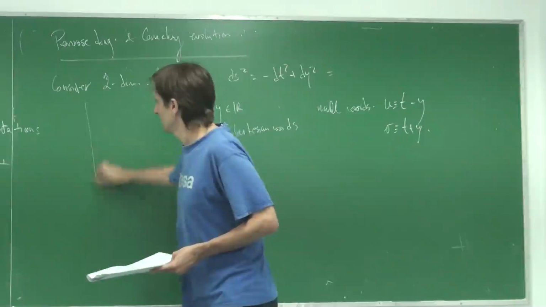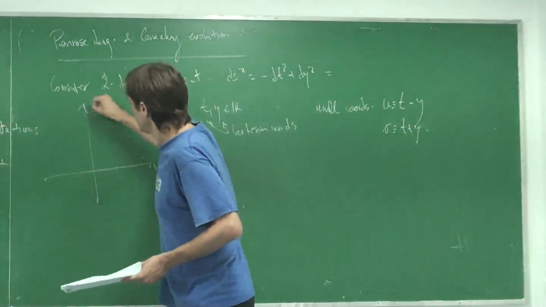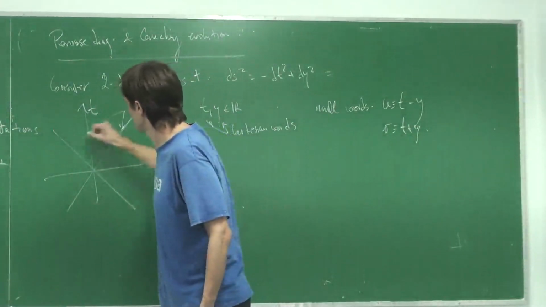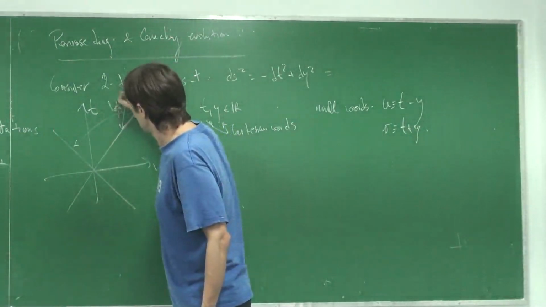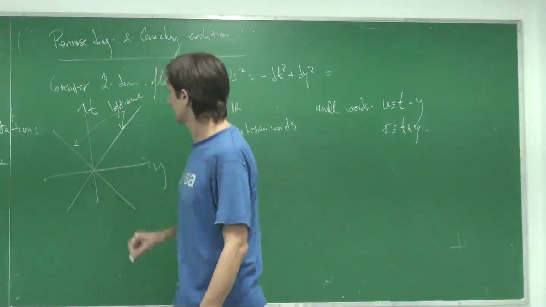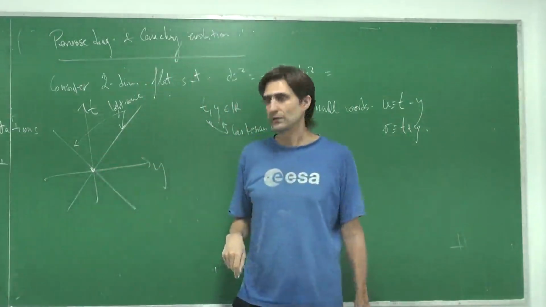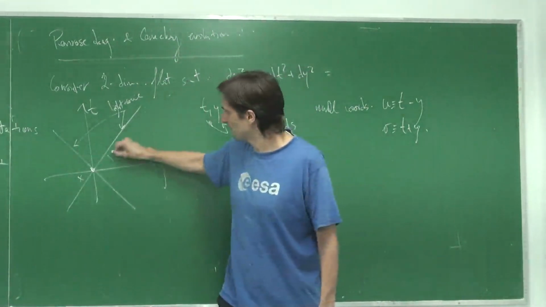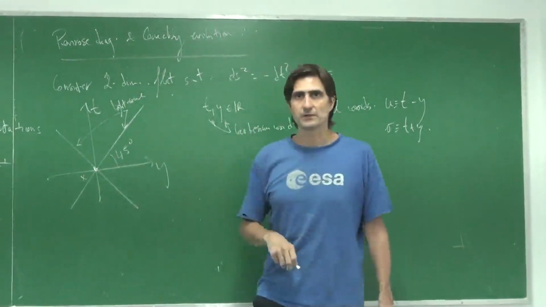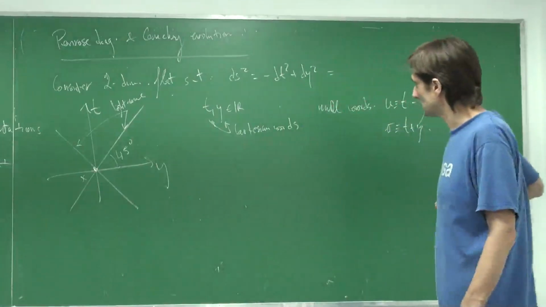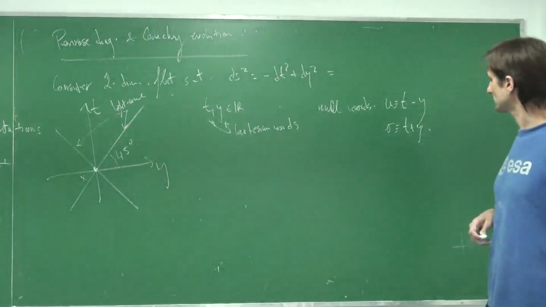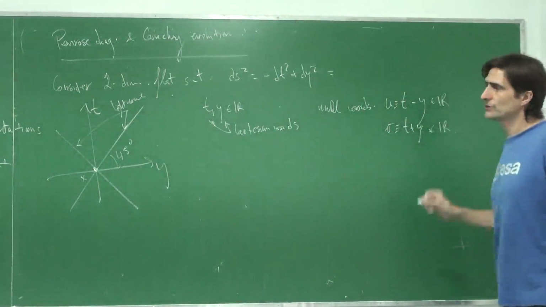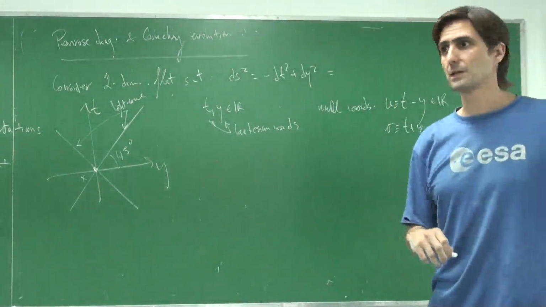So you've got y and t, and this is your light cone going through this point x of the space-time, at 45 degrees. v and u are both ranging over the reals.